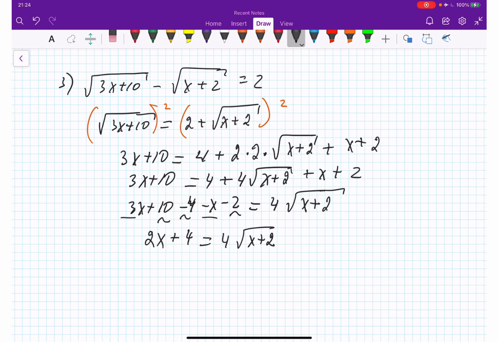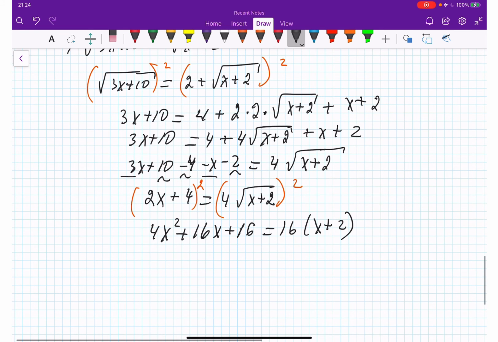Okay, now we have to raise to power 2. And we are getting 4x squared plus 16x plus 16, right? 2x times 4 is 8x times 2 is 16x, plus 16, opening the perfect square, and this one is equal to 16 times x plus 2.